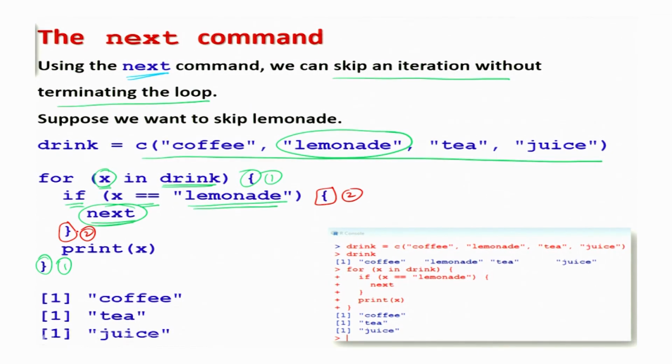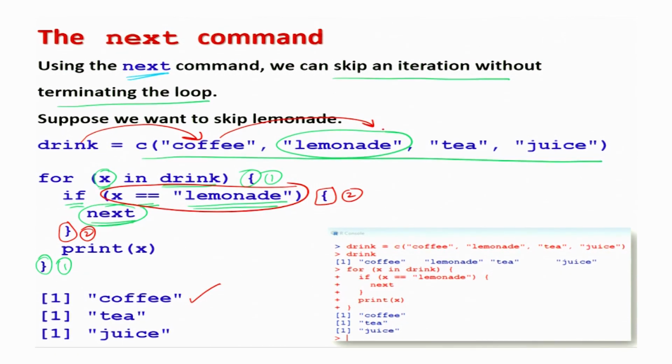So, now in case you try to see here, what will happen? The program will start, it will take the first value in the vector drink, coffee. It says no issue and it will print coffee here. Now, after this it will try to jump to the next value, lemonade, but it finds that the program is saying that when x is equal to lemonade, then next, do not execute it.